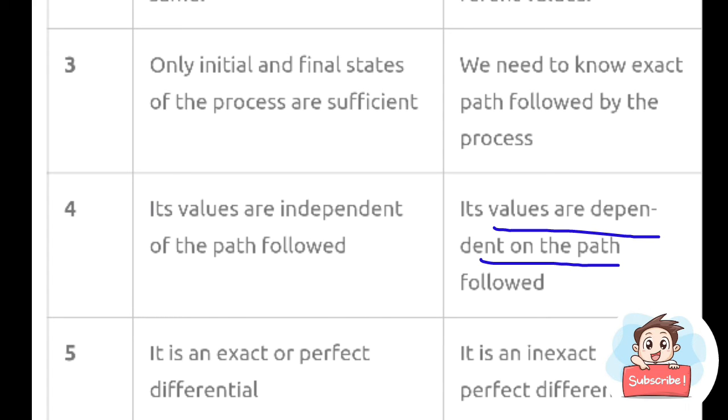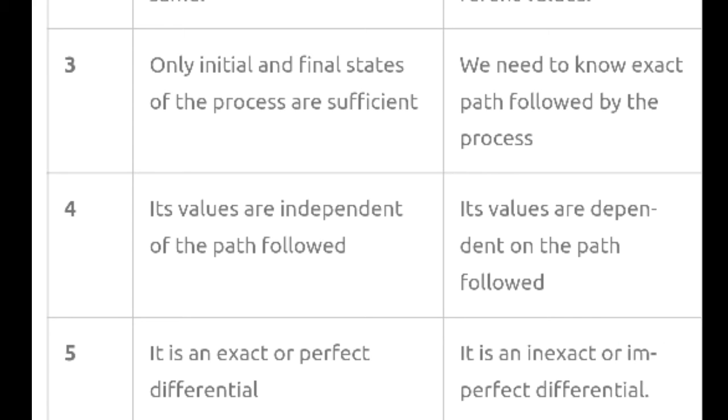We already know that for point functions we give importance only to states, not to the path. For path functions we give importance to the path, because based on that path we define the proper way of the process.